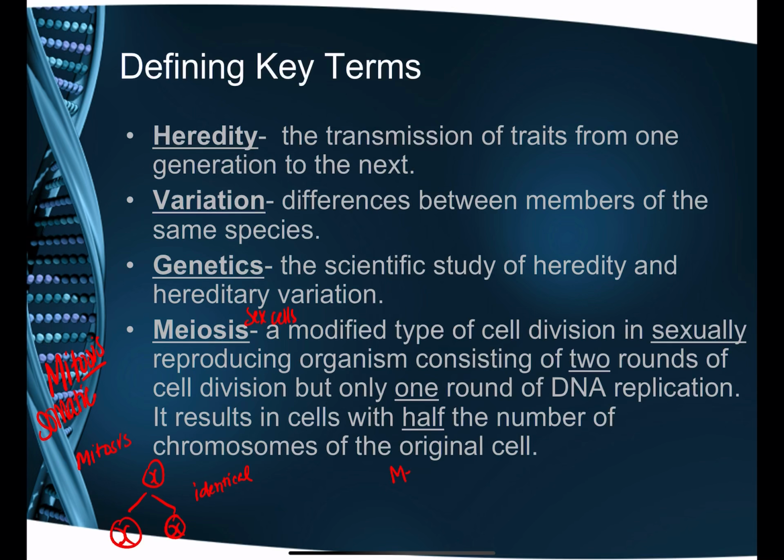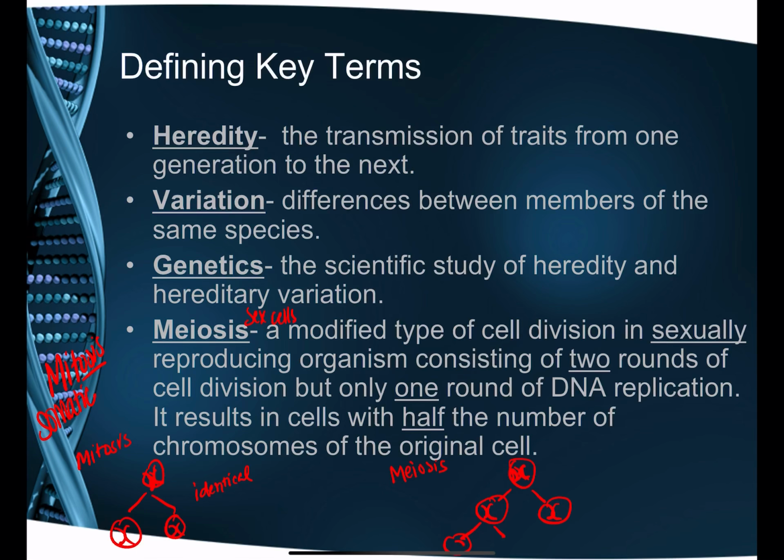Now in meiosis, it's a little bit different, okay? You have the parent cell, which has a full set of DNA. And then that DNA replicates here. Okay, so this is the replicated version. This one's replicated. All right, and this one's the replicated version. And the replicated version here is a little bit different. And so when it divides, it looks like this. I'll draw a better picture in a minute.